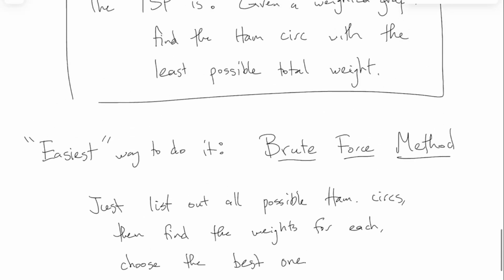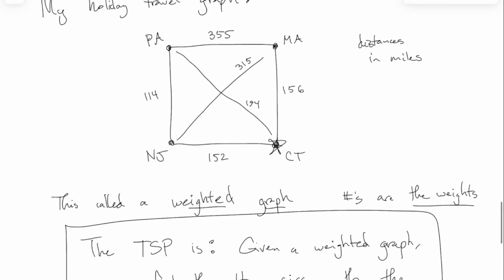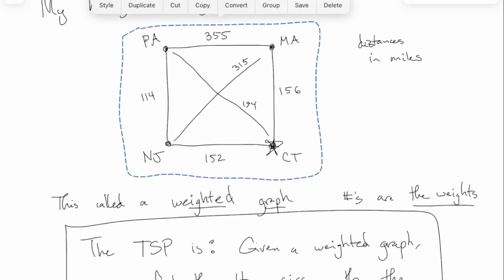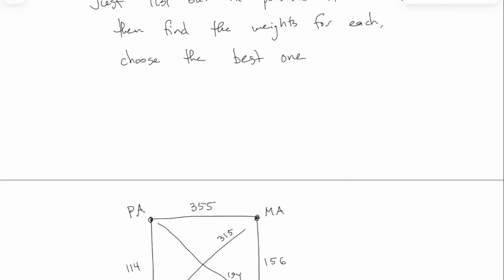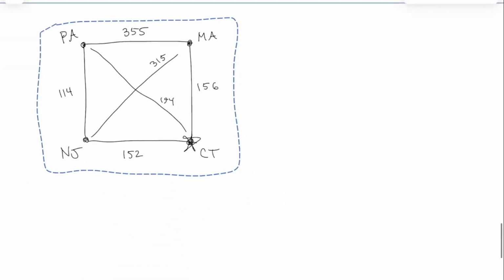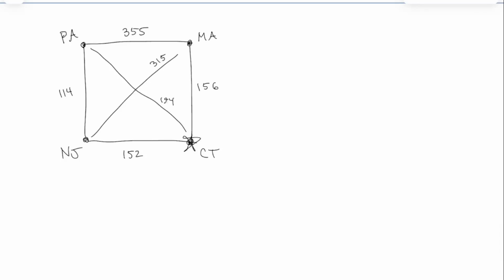Maybe I'll copy my picture down just so we can still see it. Here's my picture. So what we have to do is list out all the possible Hamilton circuits. It's a bit of a pain the way the vertices are labeled here.